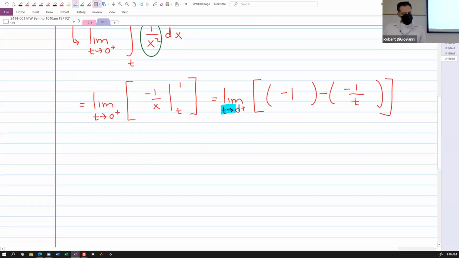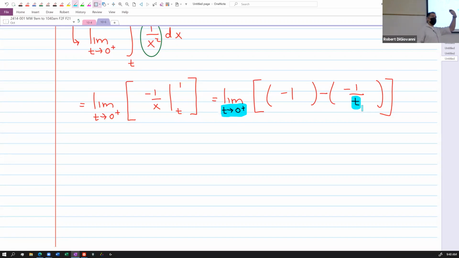So if I let t go to 0, what happens? Your number on top is -1, right? The bottom is doing what? Getting smaller and smaller and smaller. What does a fraction do if the numerator stays fixed and the denominator gets small? It's huge, right? It blows up.